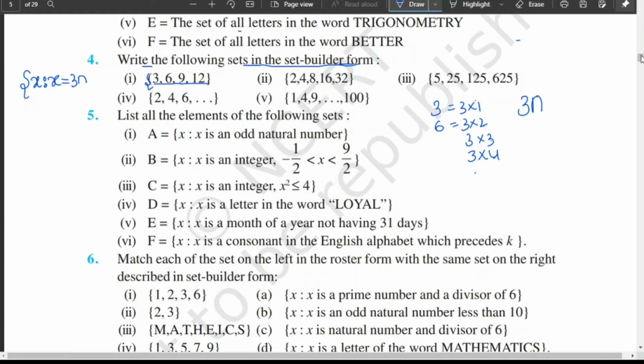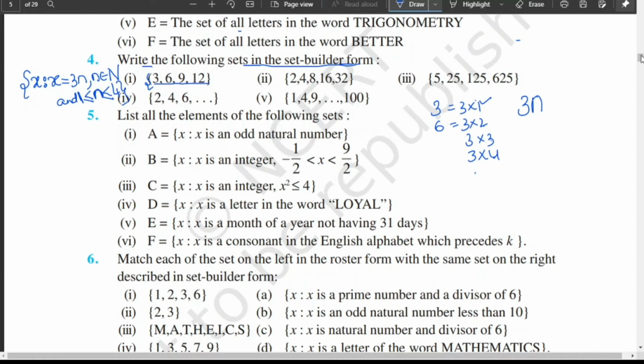No, it cannot be any number. n belongs to natural numbers, and the condition you have to write. Here look, n should be, check, 1, 2, 3, 4. So n should be greater than or equal to 1 and less than or equal to 4. So this is a condition.